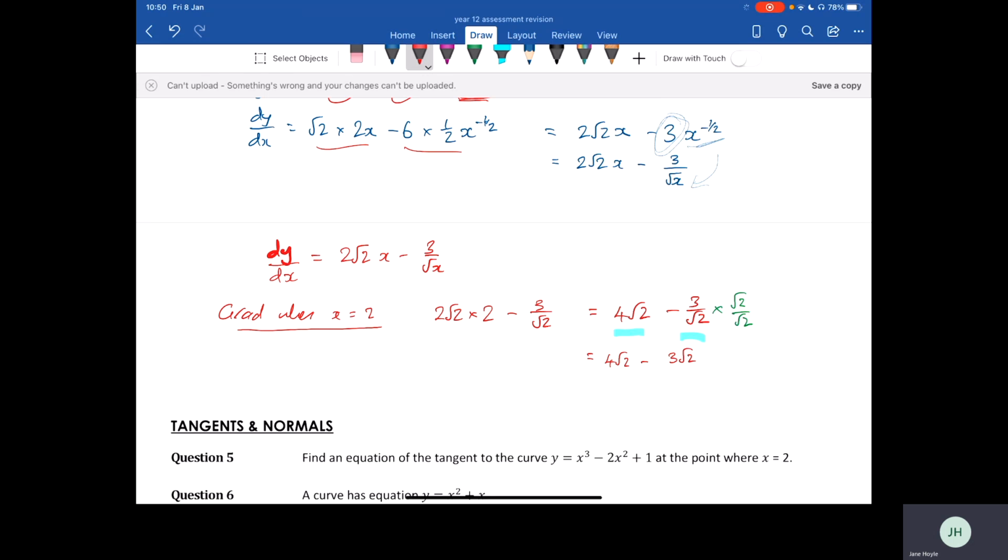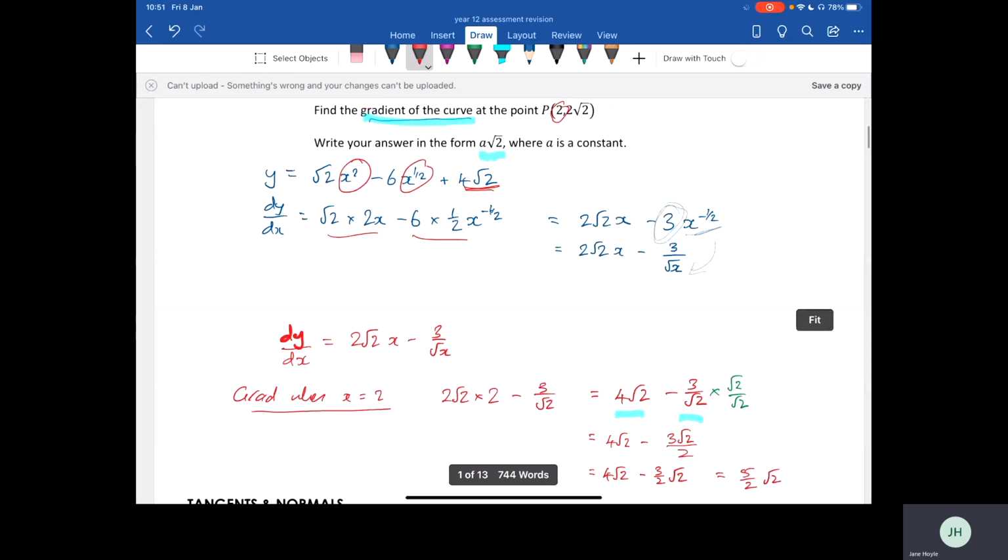On the denominator, I've got root 2 times root 2, which is just 2. And again, it looks a little bit odd, but if I think of it as 4 root 2 minus 3 over 2 root 2, I can then work out 4 minus 3. 4 minus 1.5 is 2.5, or 5 over 2 root 2.